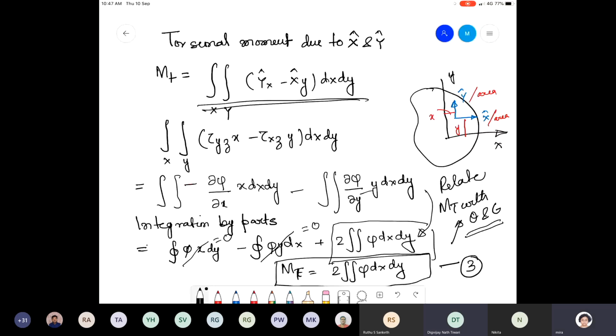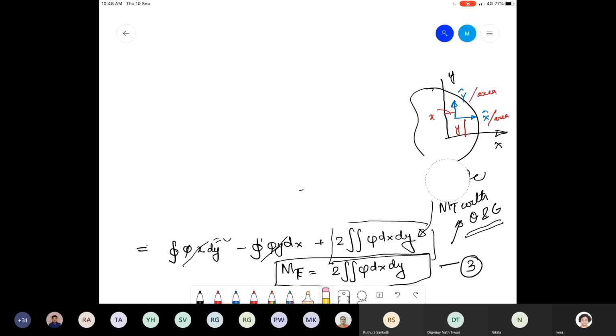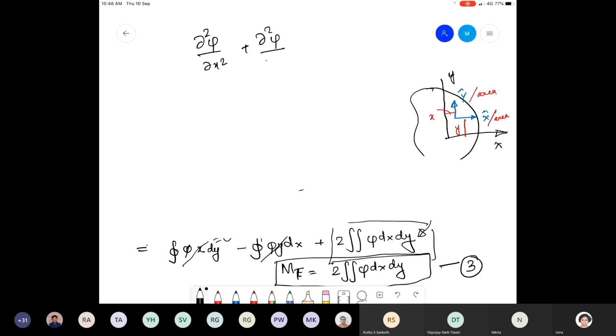I do not understand this one. How is phi a function of theta and G? How are we getting that? So phi is a function of theta and G because of this.